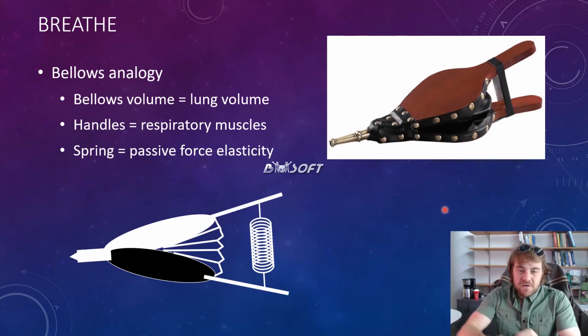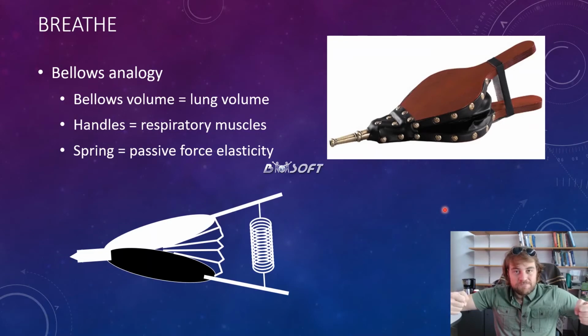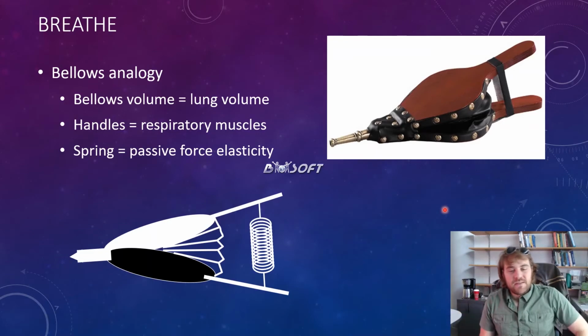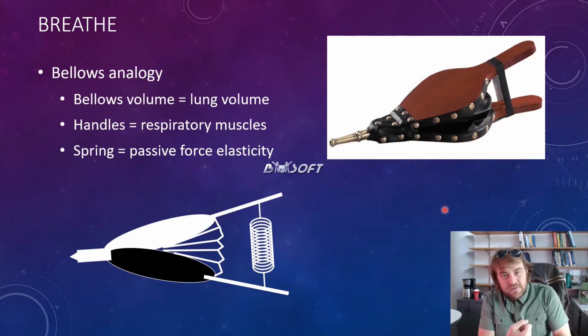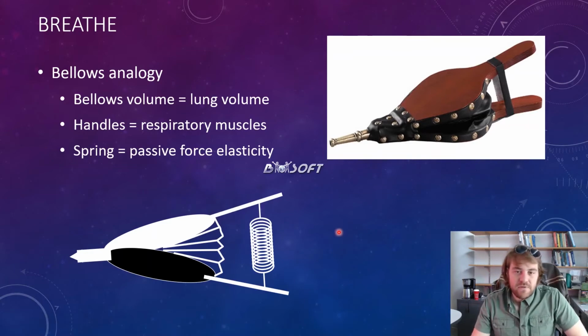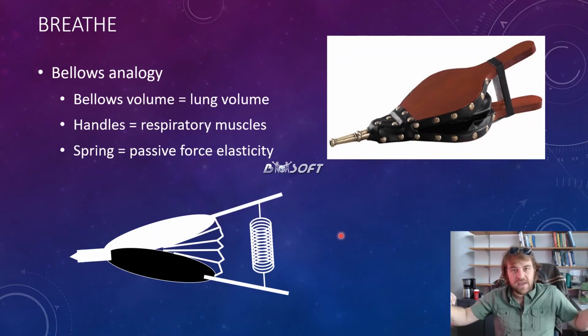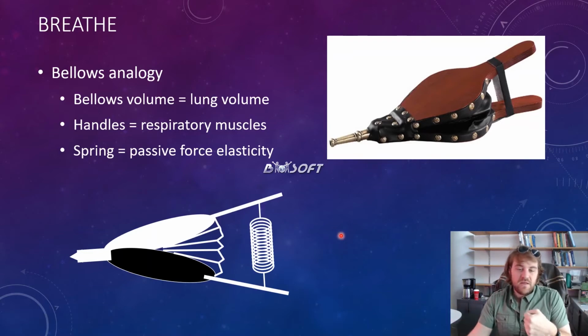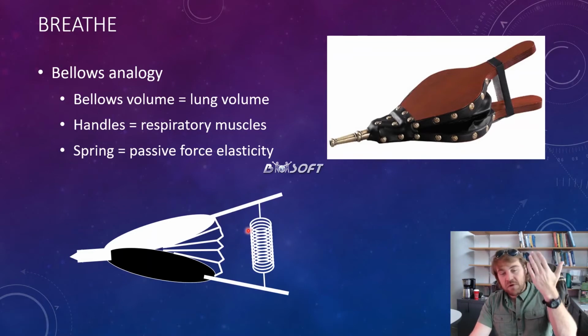So what's going on is you actually have to use muscular force to pull the bellows open and push it out, right? So to take in all the air it can, you have to do that. To push out all the air that can be pushed out, you have to do that as well. But then there's a spring, good old spring.